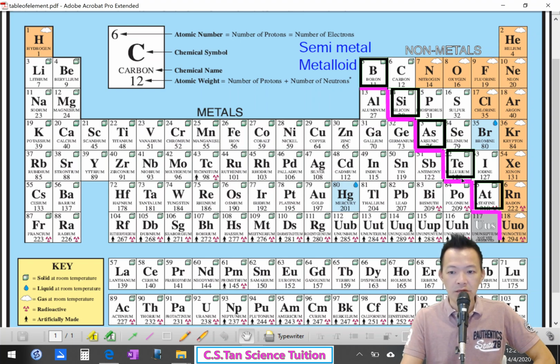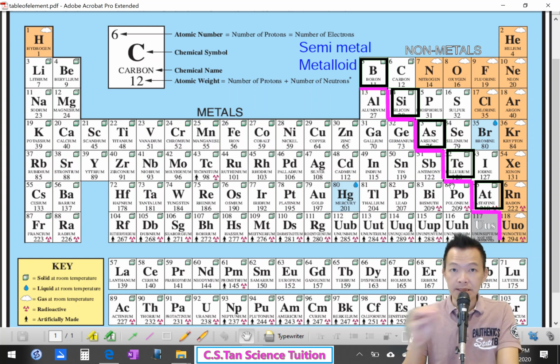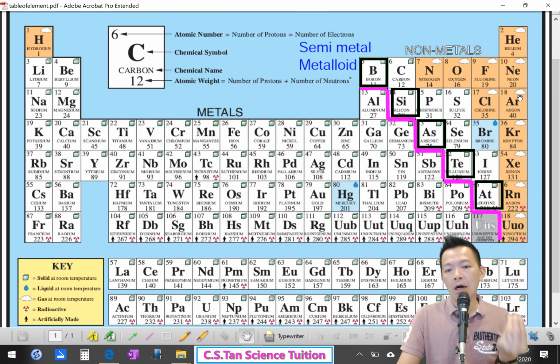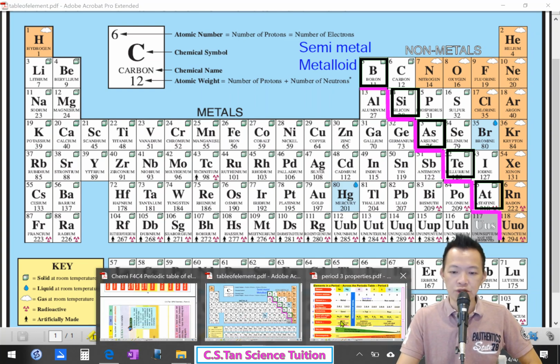For the elements above the ladder, boron, silicon, arsenic, all these are semi-metal. It is not a metal and not a non-metal, not a conductor and not an insulator, it is called a semiconductor. So this is metal slowly becoming semi-metal or non-metal. Okay, I'll turn back to page number 19.